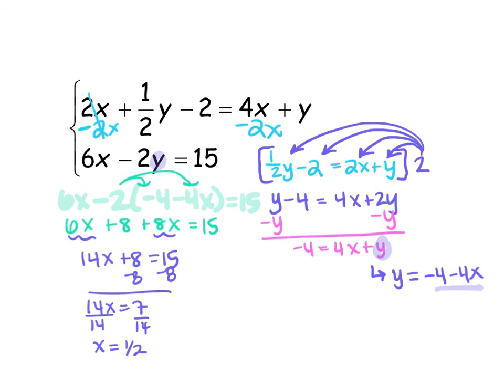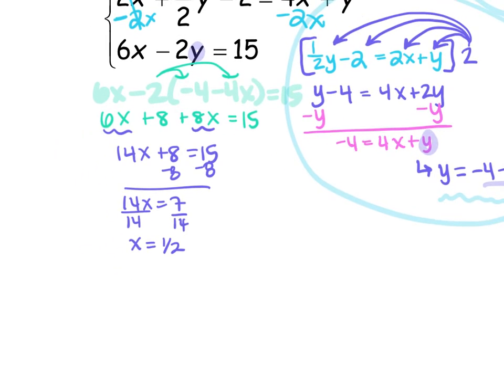And you always want to make sure that you're plugging into one of the original equations that were given to you in the problem, because what if you made a mistake somewhere along the way here? Like if you made a mistake in this part, then this expression for y being negative 4 minus 4x is wrong. So you want to plug back into an original equation when you are solving for the other variable.